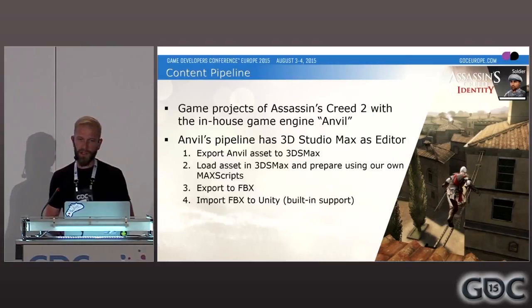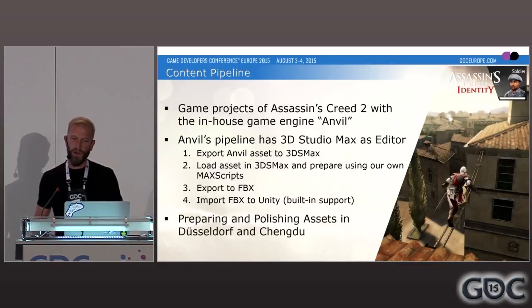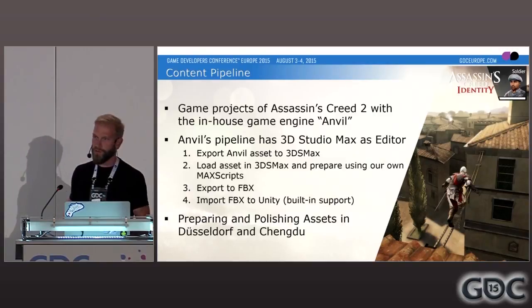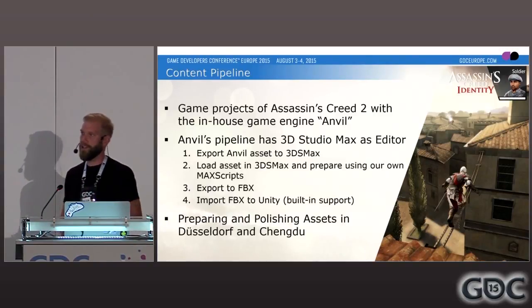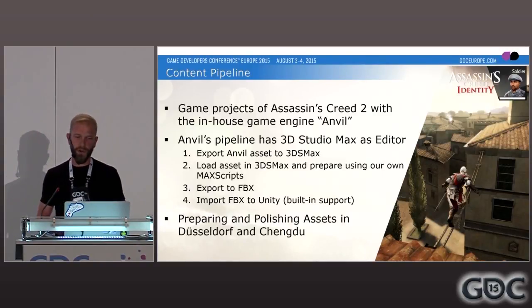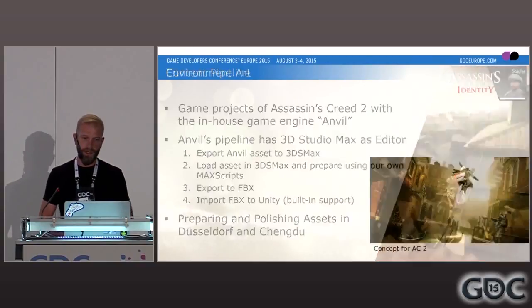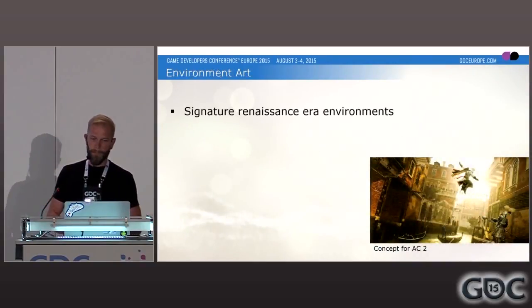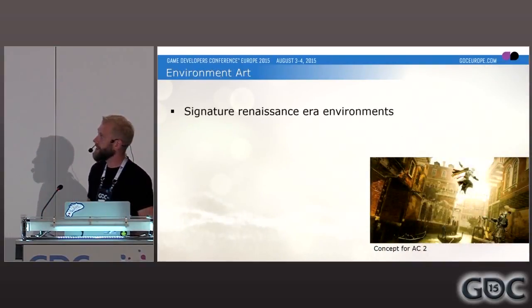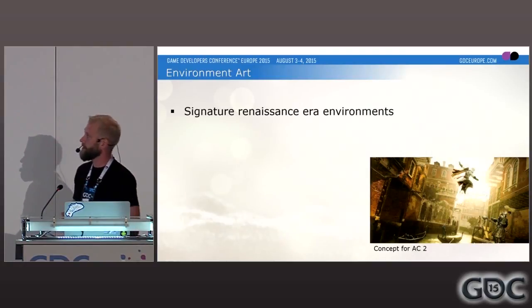Then we used the existing FBX export-import functionality in 3D Studio Max and in Unity to get the assets into the game, where we polished them and gave them some final touch in Düsseldorf and in Chengdu as well. As said, we wanted to recapture this signature Renaissance era mood.